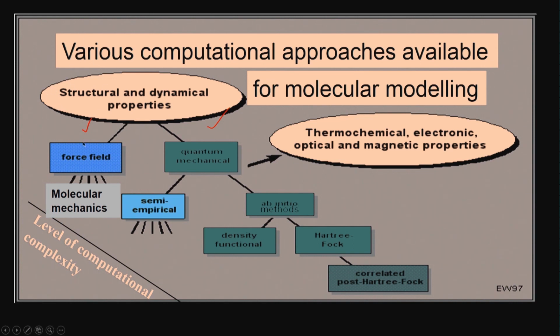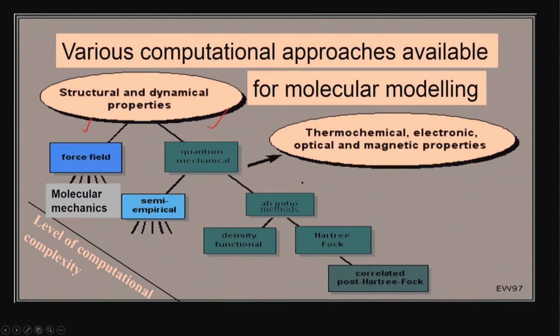Whereas in the force field based or molecular mechanics based approach, we can't do these types of calculations, because these calculations involve electronic energy. Here we can do only structural features. We can look at the shape of the molecule, the diffusion coefficient, and minimum energies.